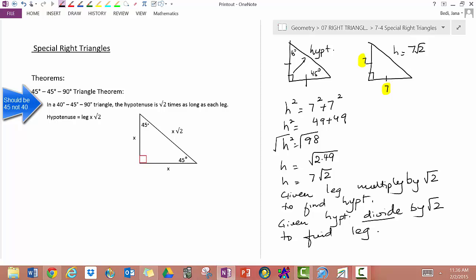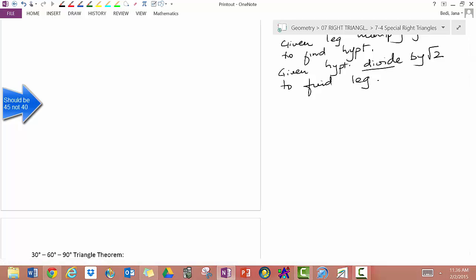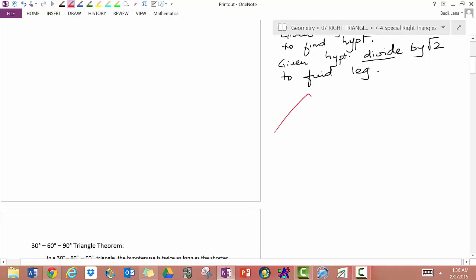Let's take an example here. What if I have a right triangle, drawn in a different orientation, and it's 45-45-90. This time, let's make up a number. I'm going to make up 12.